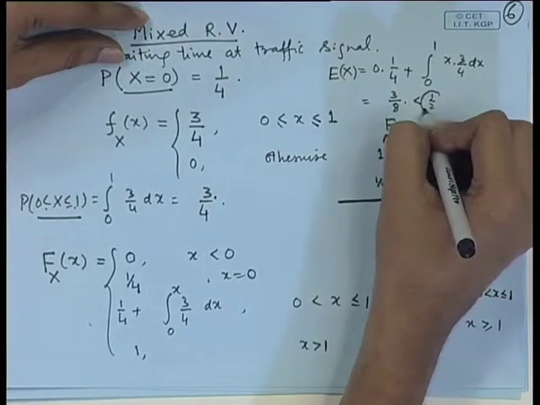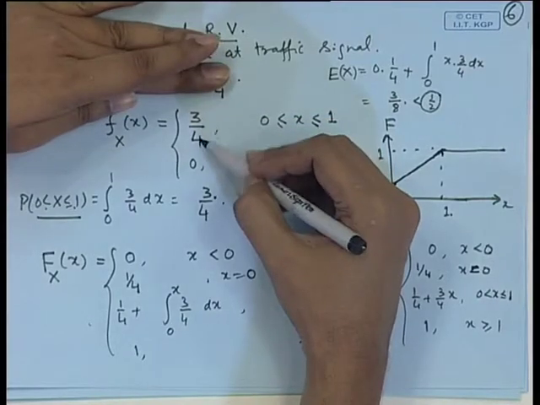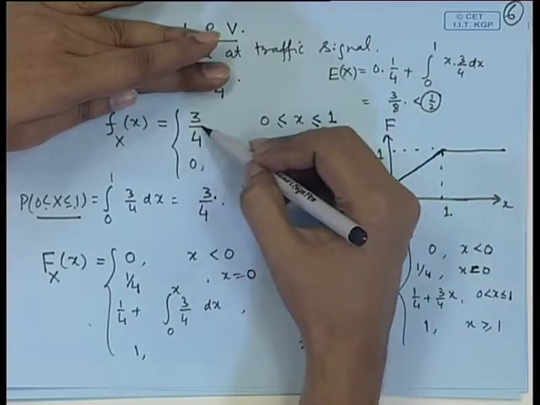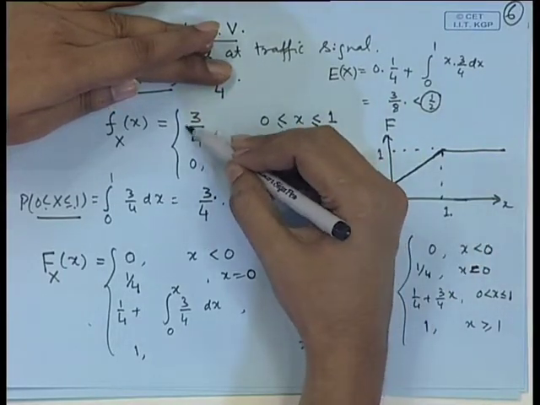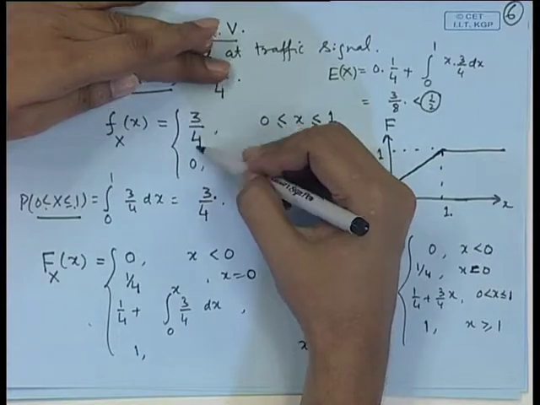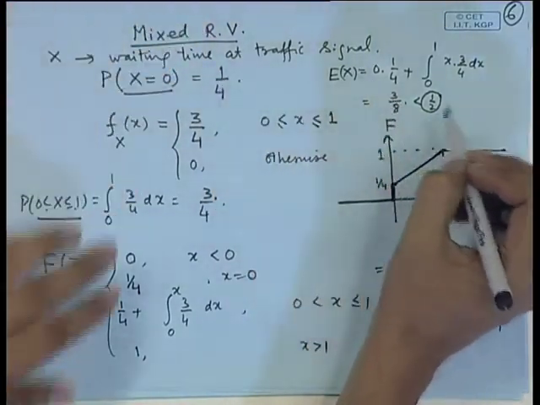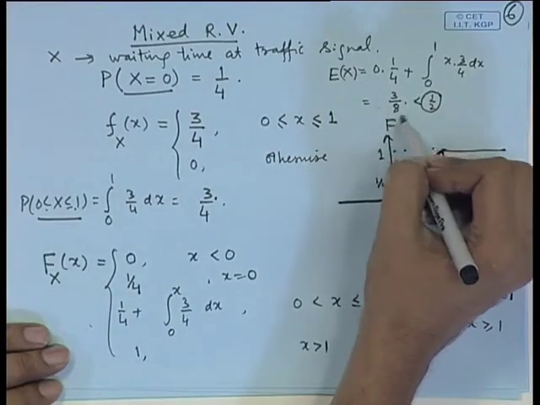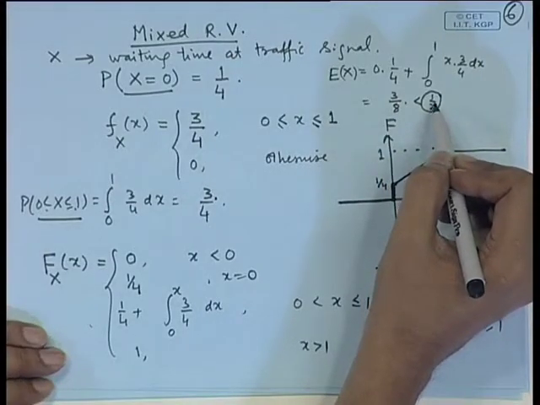This would have been the mean if the random variable was completely defined as 1 for 0 to 1, the probability density function. However, here the 1 by 4 probability is taken over by the point x equal to 0. Therefore, the average value has reduced and it is now 3 by 8, it is not half.